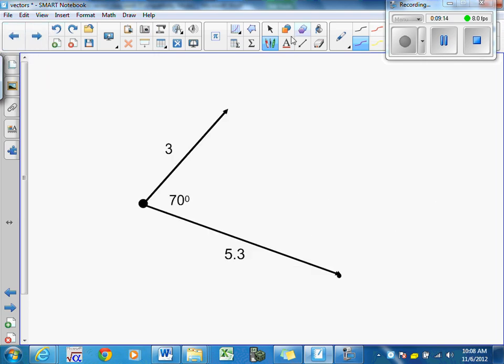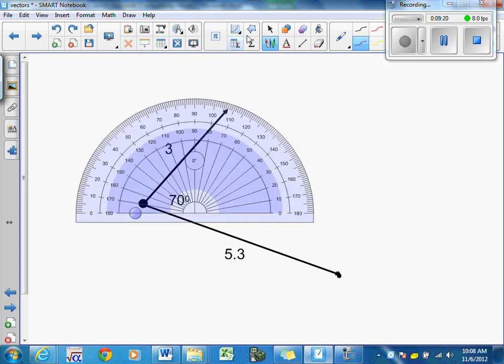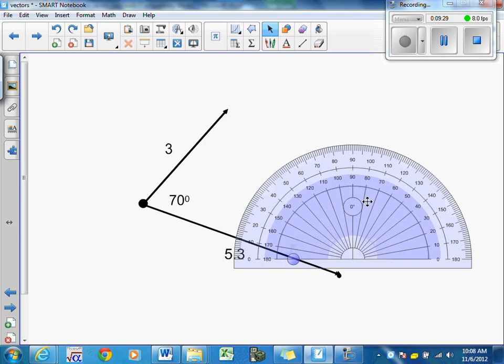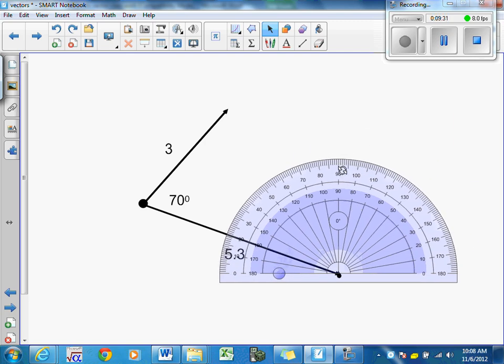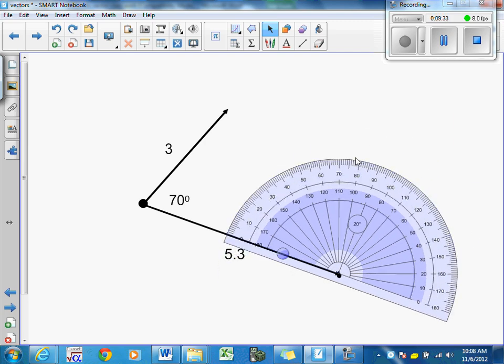So you can see how hard this is with my drawings to draw without a straight edge. So let's do this with a straight edge. So here's our 2 vectors, and we know the angle in between. So we want to try to measure them. So how would you do this? You're going to get a straight edge and a protractor. So I notice this angle is 70. So I come down here, and from here it's 70.